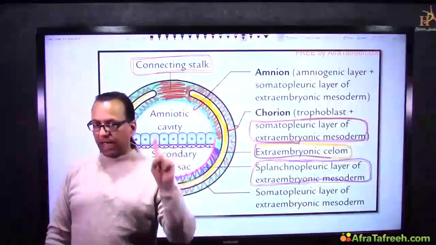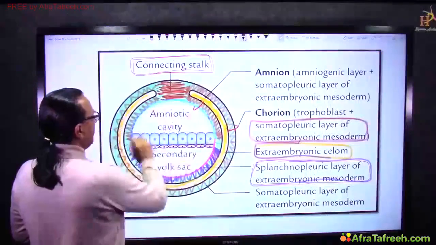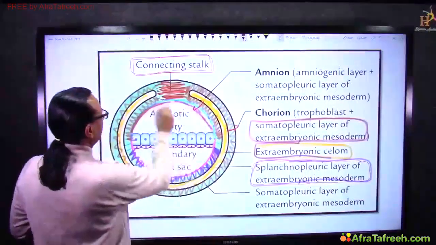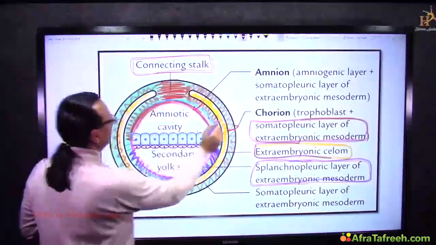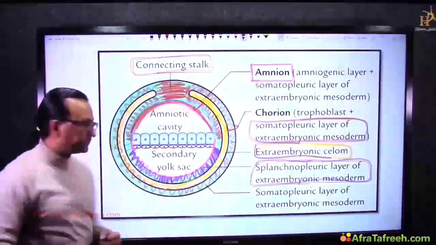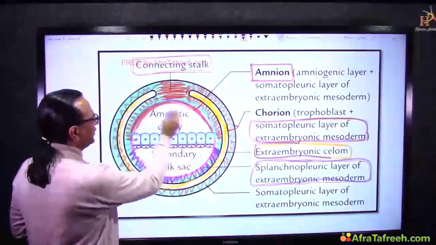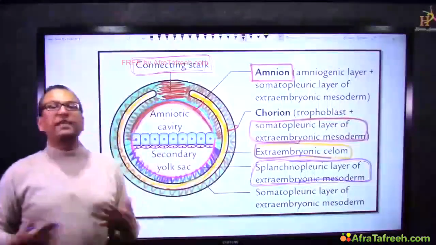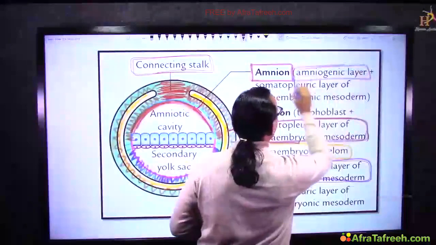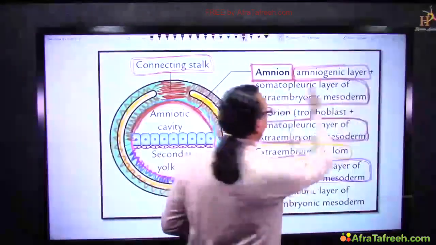What about the amnion? Amnion is the one which is covering the amniotic cavity. Can you tell me the amnion which is covering the amniotic cavity, what is it contributed by? Amnion is a membrane which is contributed by amniogenic cells, and along with amniogenic cells, it is the somatopleuric extra embryonic mesoderm.